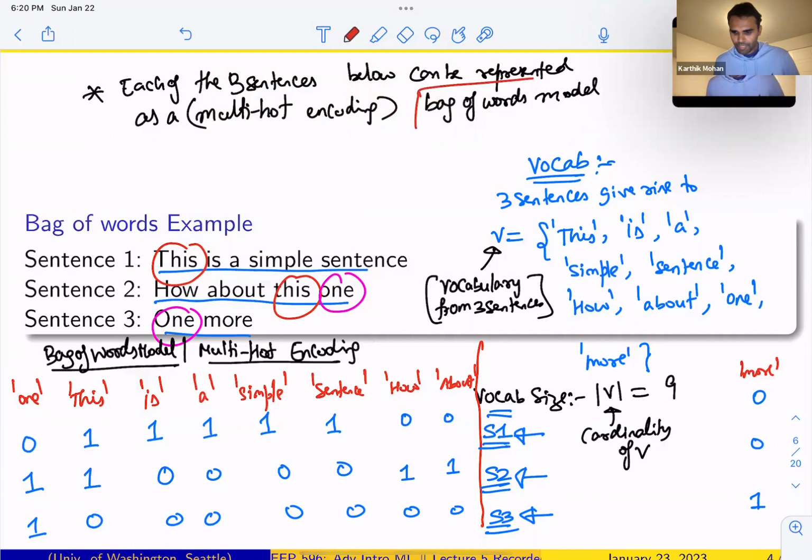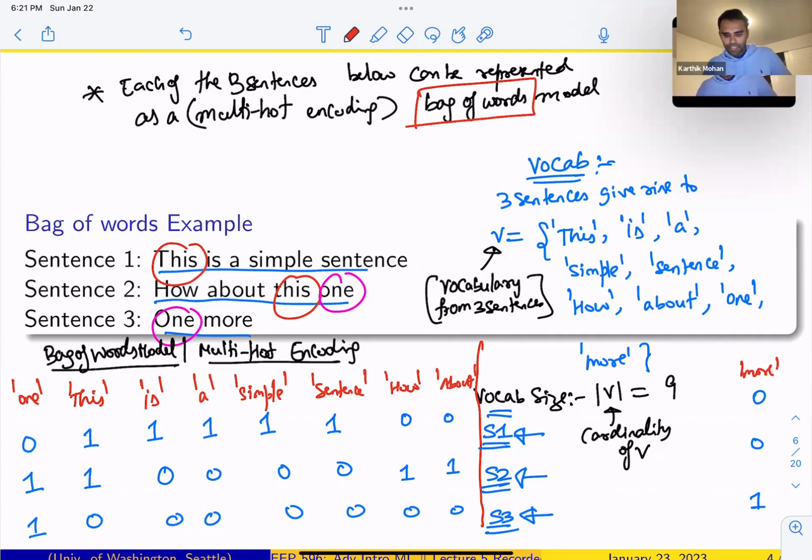So we see why it's a bag of words, because we have a bag of words here. The vocabulary forms a bag of words, and you represent each sentence as a sparse multi-hot representation in this bag of words, where you have many zeros and you have ones that indicate the words.